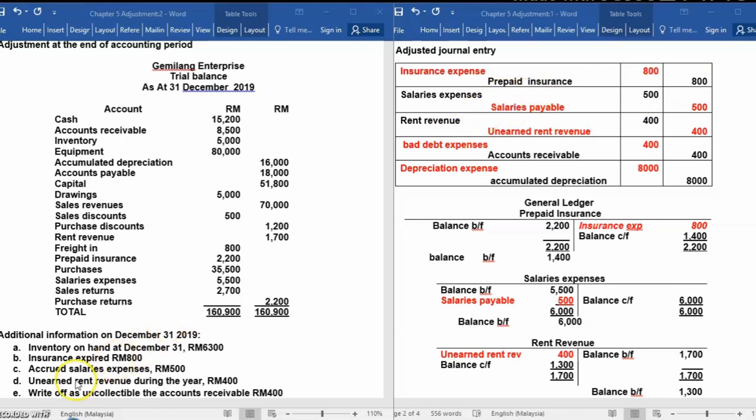The next question, C. Accrued salaries expenses. In the current accounting period, we have to increase salaries expenses because accrued salaries are part of the accounting period. So we look at the account for salaries expenses.